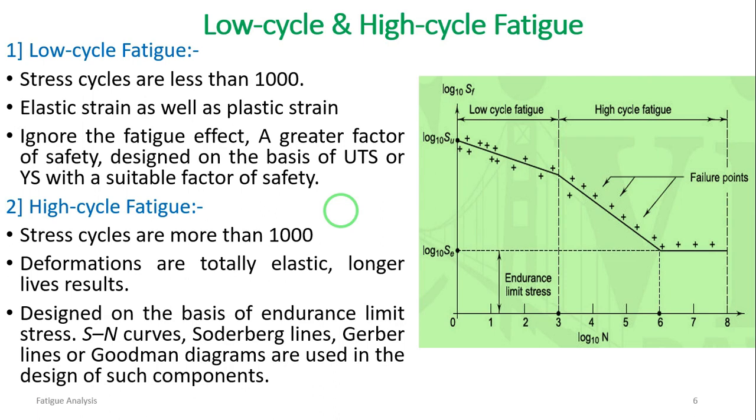In this case, the component is going to experience both kinds of deformation, that is elastic strain as well as plastic strain. Sometimes the designer is going to ignore this fatigue effect and has to consider a greater factor of safety. And sometimes we have to design the components based on the ultimate tensile strength or yield strength with a suitable factor of safety.